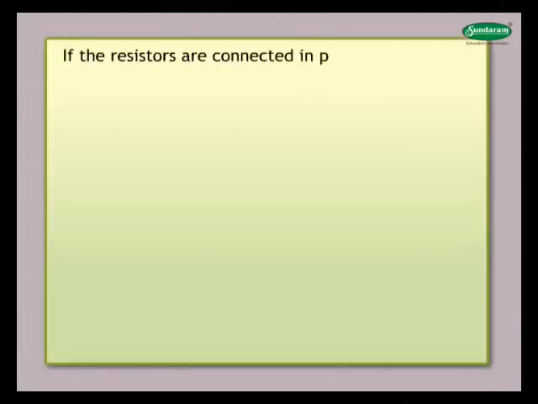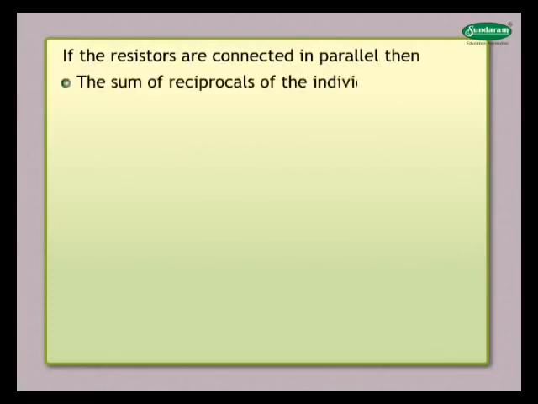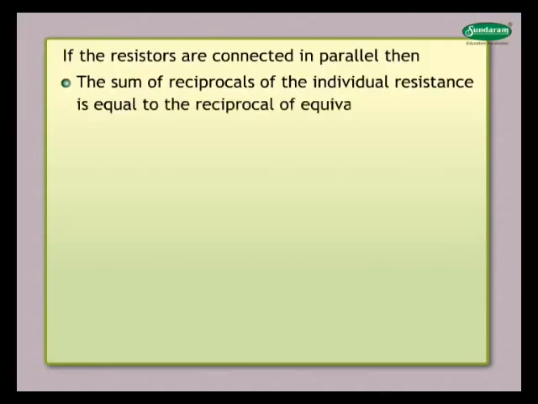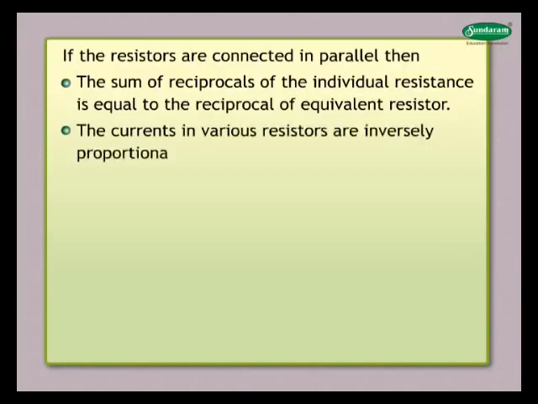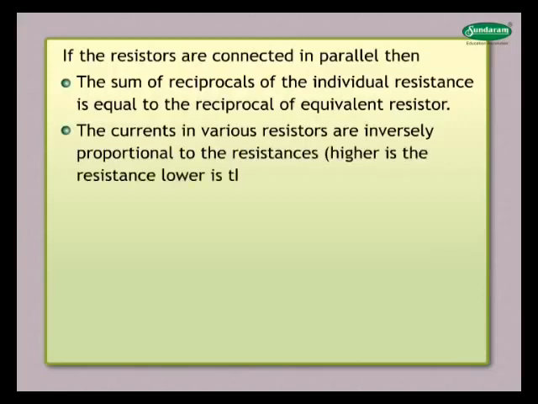If the resistors are connected in parallel, then the sum of reciprocals of the individual resistances is equal to the reciprocal of the equivalent resistance. The currents in various resistors are inversely proportional to the resistances. Higher the resistance, lower is the current through it.